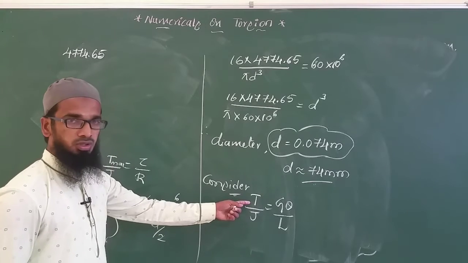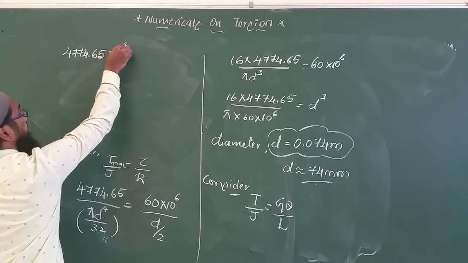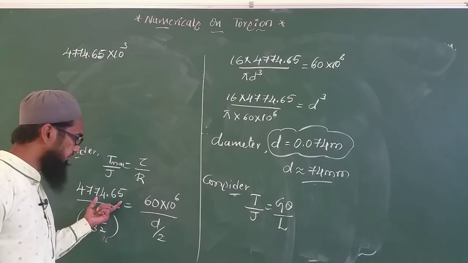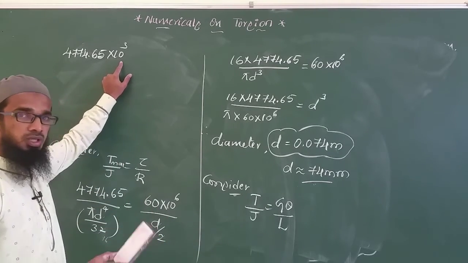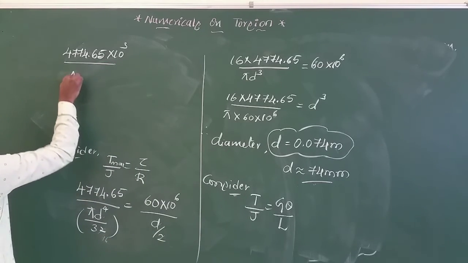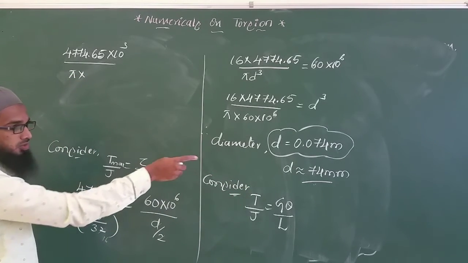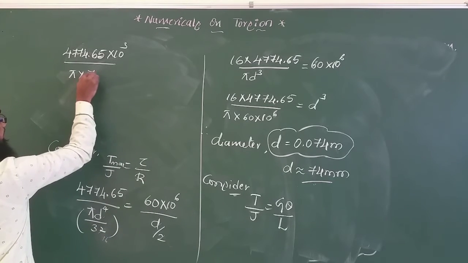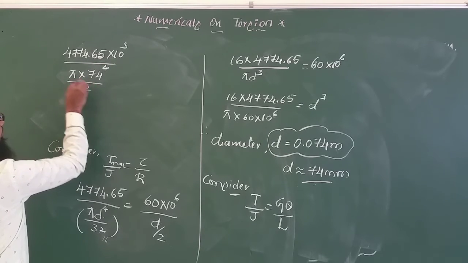This T is in Newton meter, so once I multiply by 10 power 3, it becomes Newton mm. Now the polar moment of inertia J is pi d power 4 by 32. The diameter I have to take is 74, not 0.074 meter, since I am taking mm here. So this is 74 to the power 4, pi d power 4 by 32.